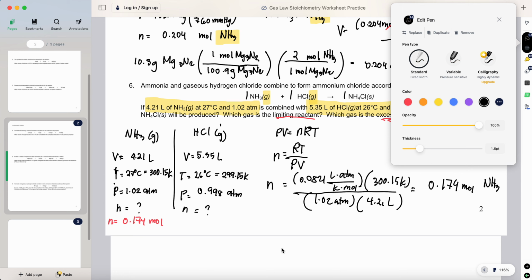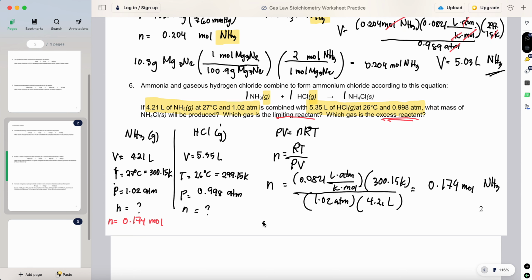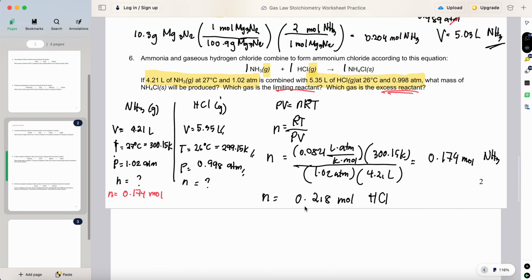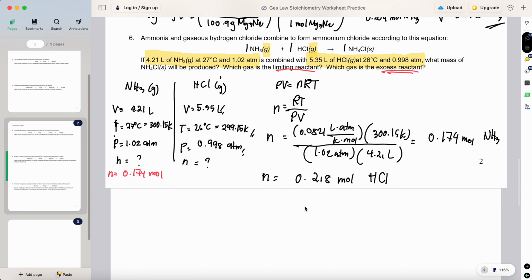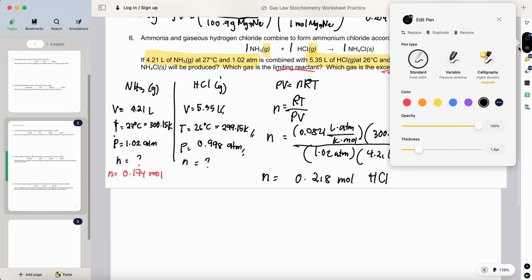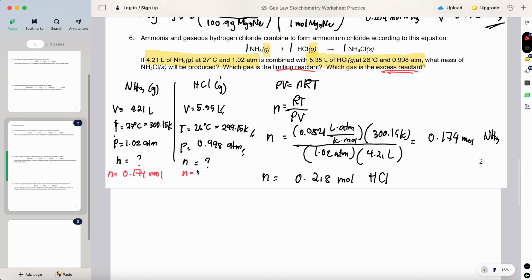Please also solve the n for HCl using the same process. You just use what's given on this side. So you should have 0.218 mole of HCl. Let me know in the comment section if you also got 0.218 mole. So the mole for HCl is 0.218 mole.